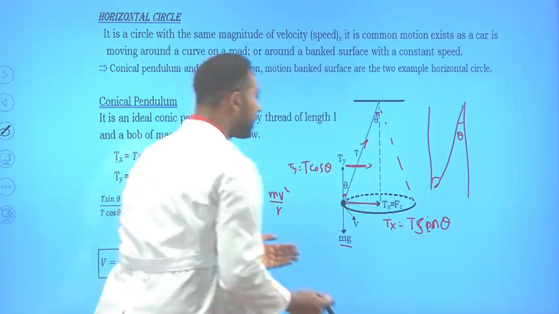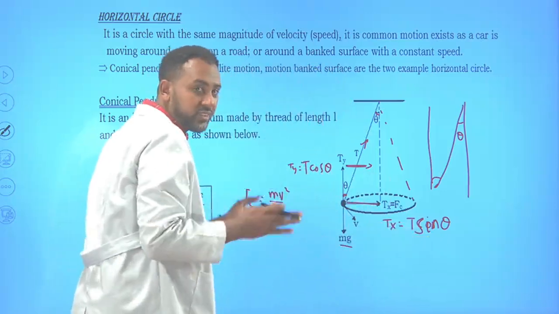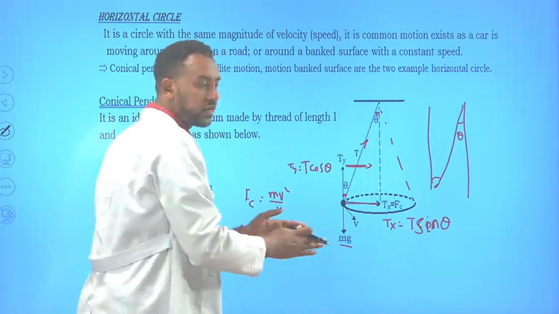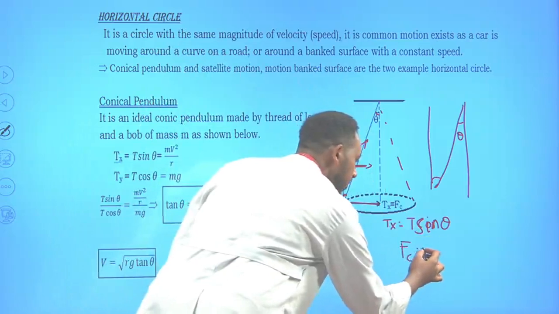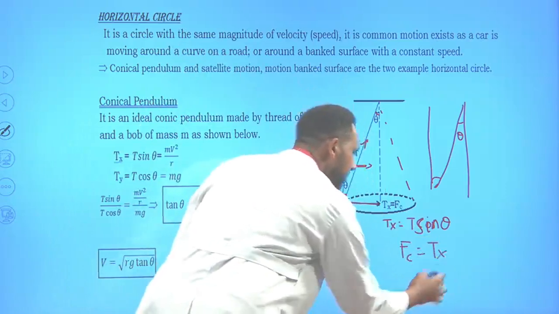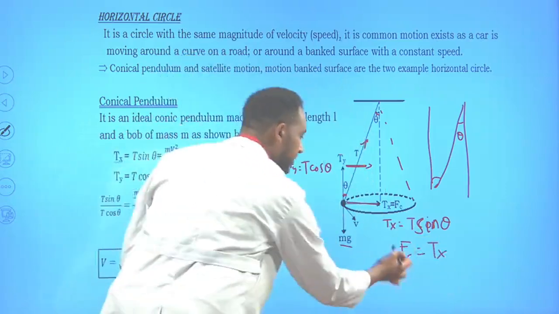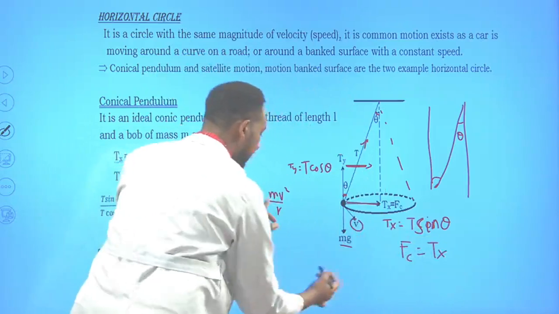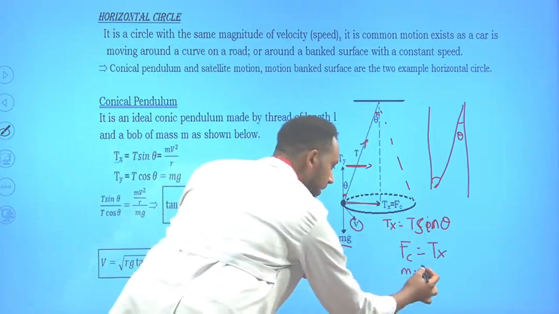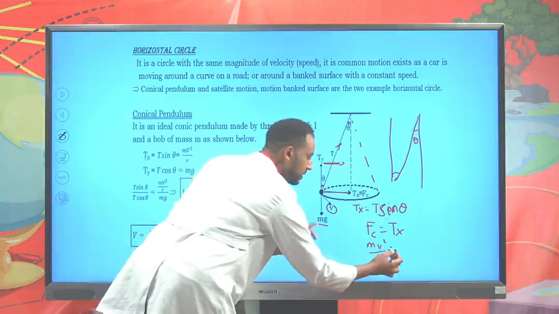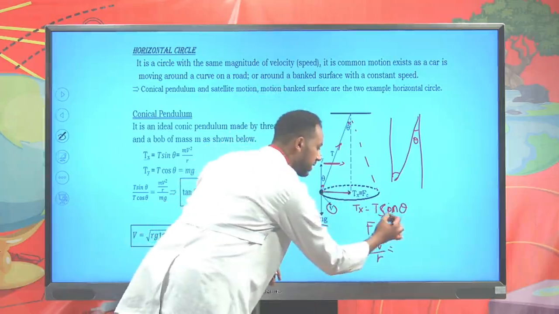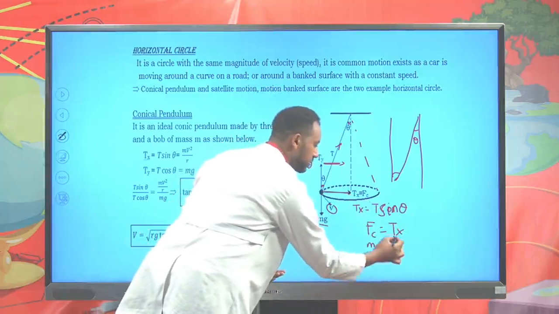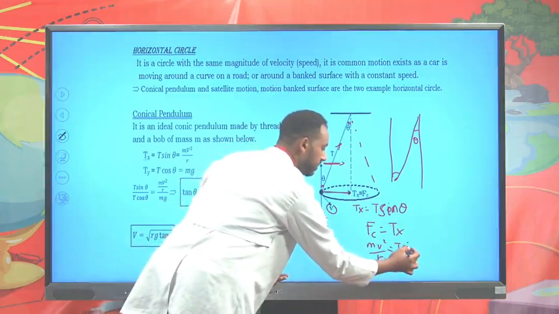T sine theta is the net force which tends towards the center, and it equals the centripetal force, mv squared over r. The force component acting towards the center is T horizontal, so T sine theta.